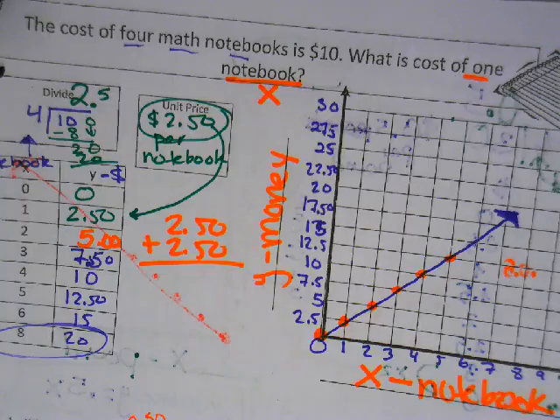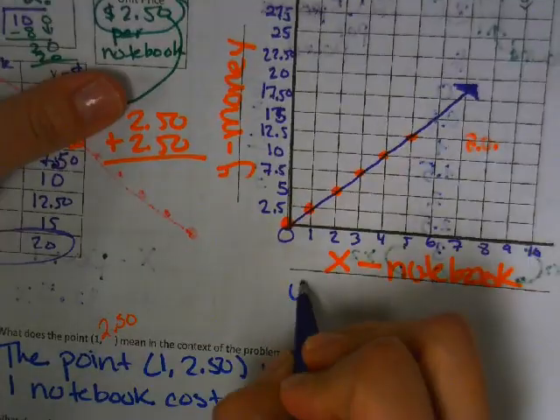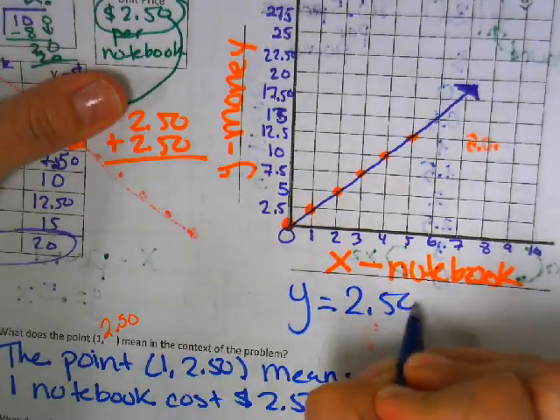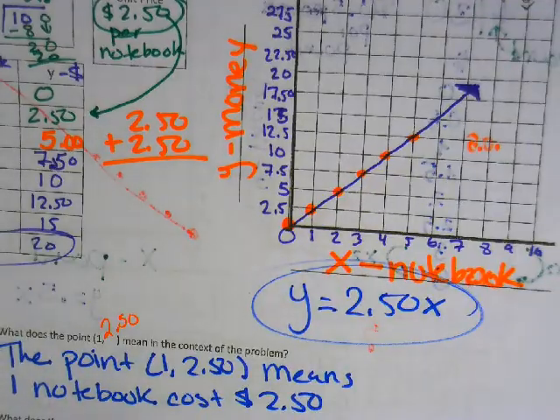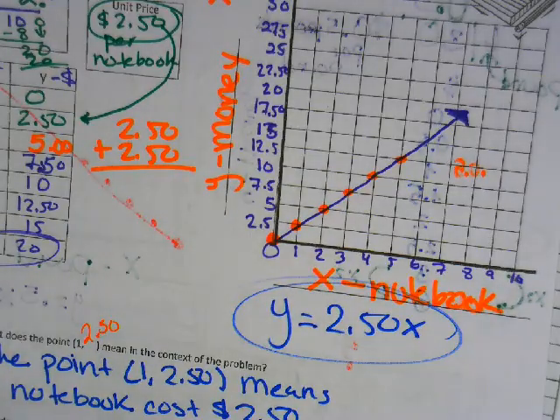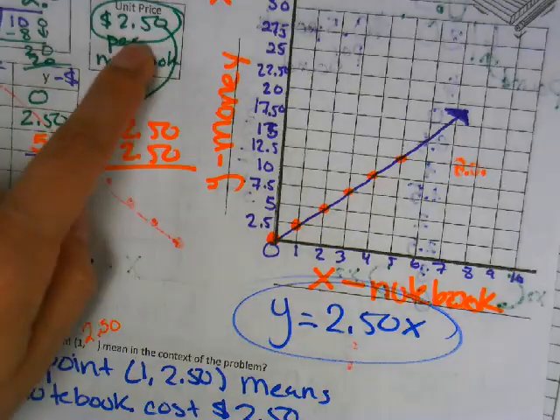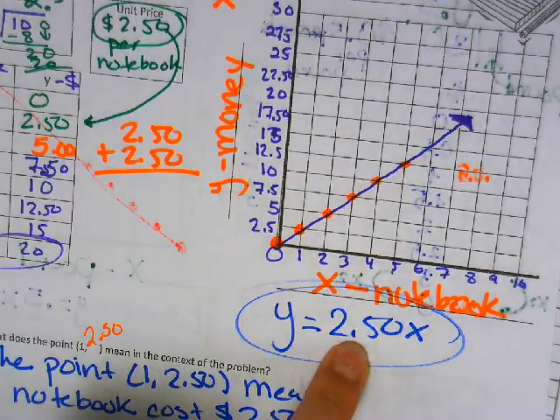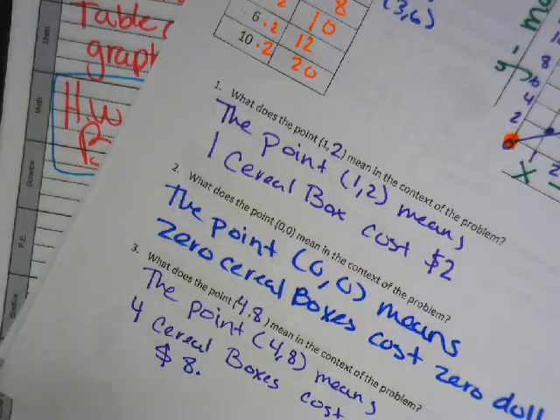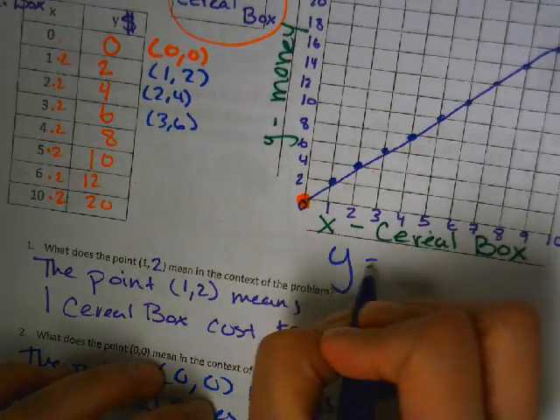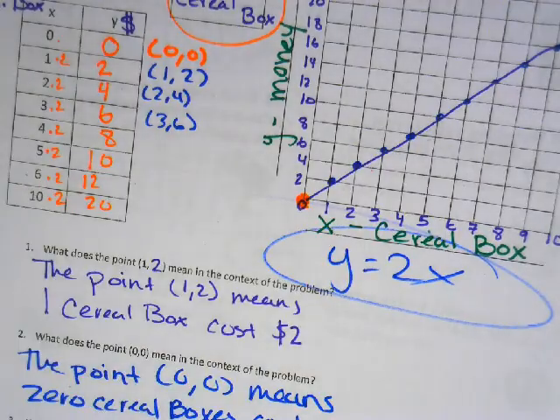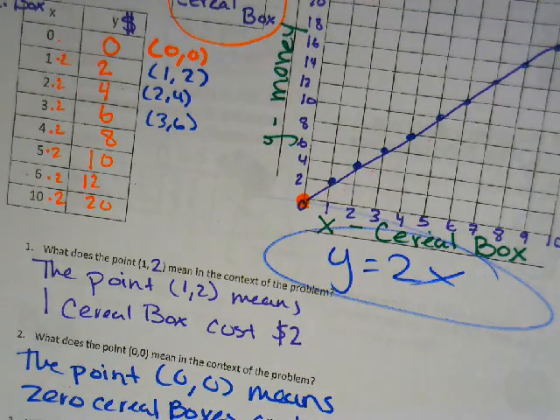Y. Circle it so you see it. Why is it 2.5? Because our unit rate is 2.5. Whatever the unit rate is goes right there. All right, last one, page 3. Y equals 2x. Isn't the equation one of the easiest things in the world? Yes, I thought it was going to be hard.